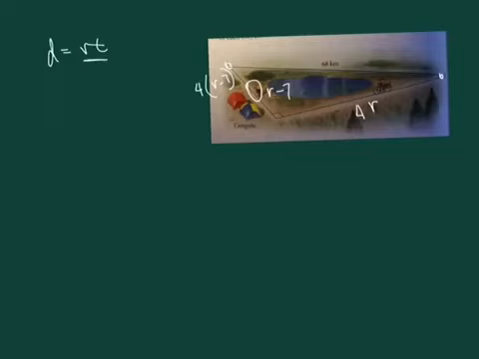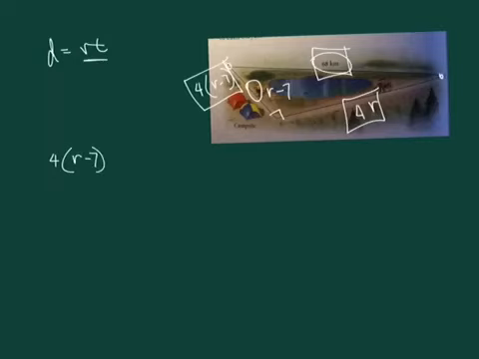All right, and we've got the total distance here. Because this is a right triangle, we can use Pythagorean. We can use this distance, and this distance, and this distance. So 4 times r minus 7, a squared plus b squared equals c squared. Then we go ahead and do the work.